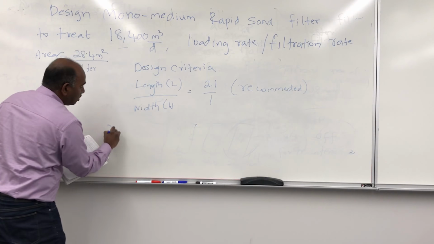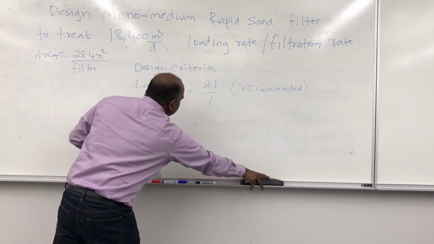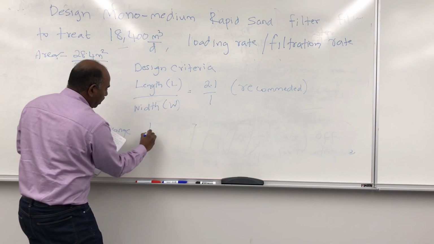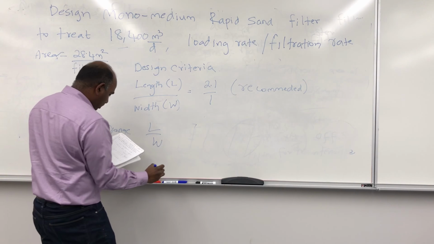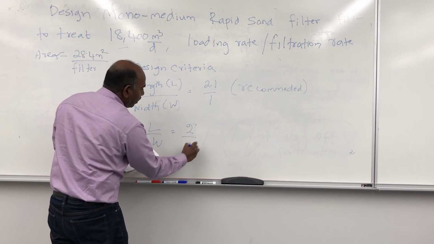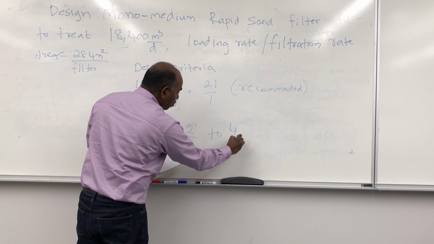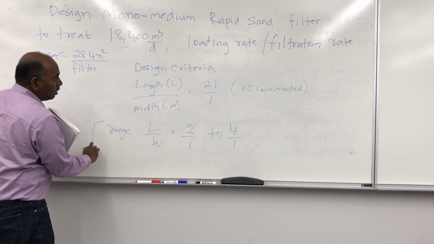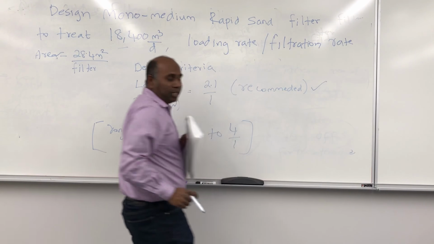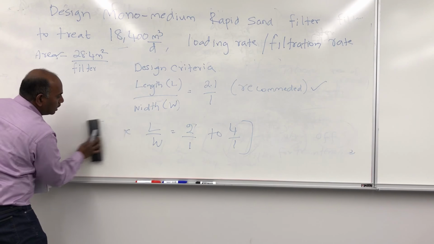Now the range of L by W is 2 to 1 to 4 to 1. This is the allowable range. We are going to use the recommended ratio of 2.1 to 1, so I'm going to delete this.